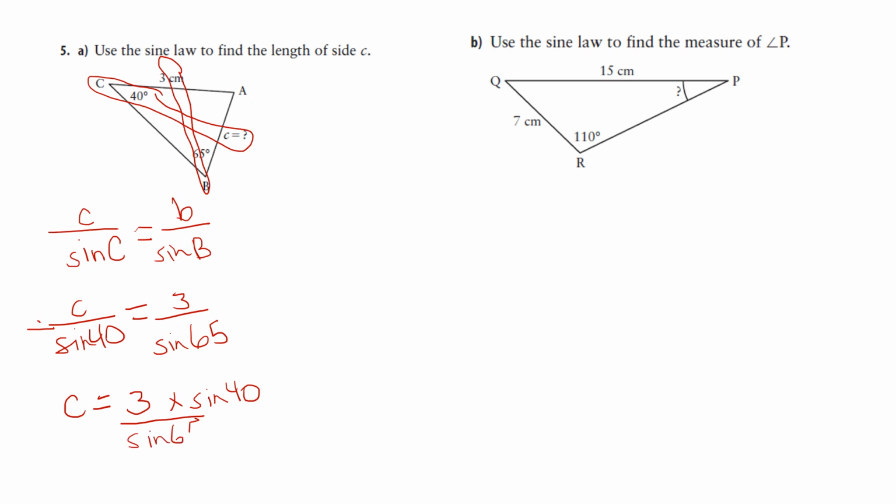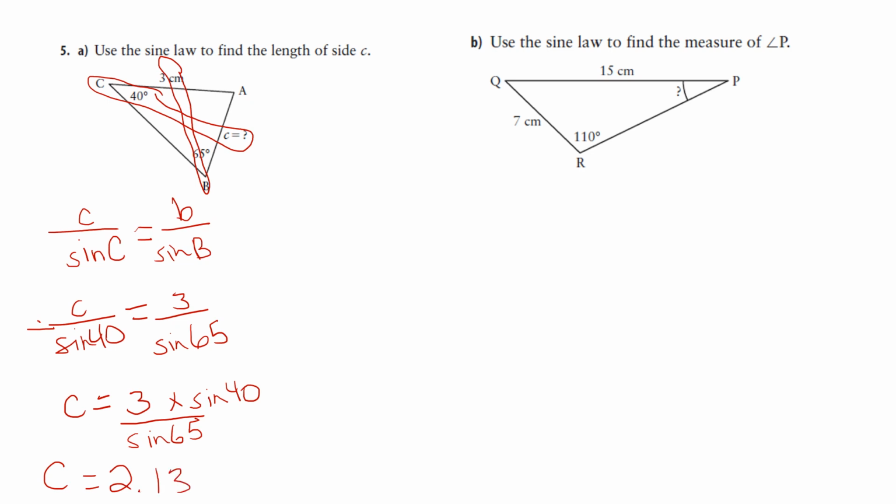When I type this into my calculator, I will type it in as 3 times sine 40, and then because of that fraction line, I will go divided by sine 65 to get an answer of 2.13.